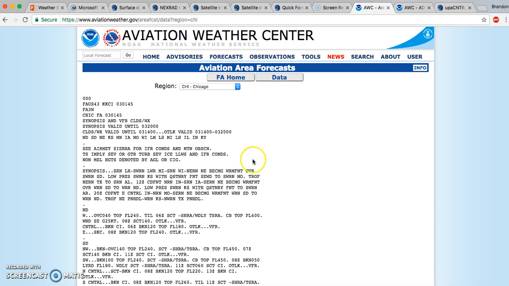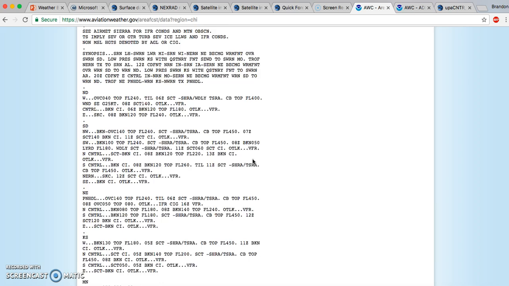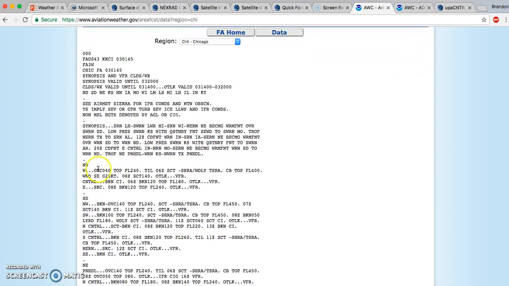For the area forecast, this is from the Chicago area. I'm just going to look at the North Dakota side. This is brand new. The western side is overcast at about flight level 040, with tops at about flight level 240.